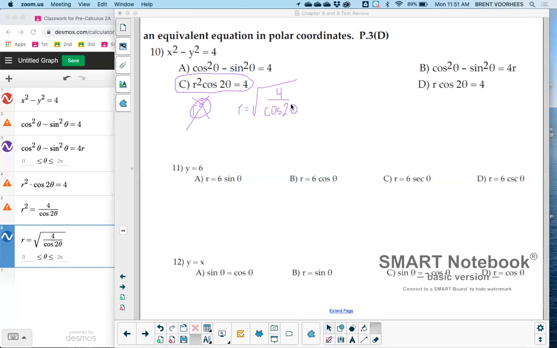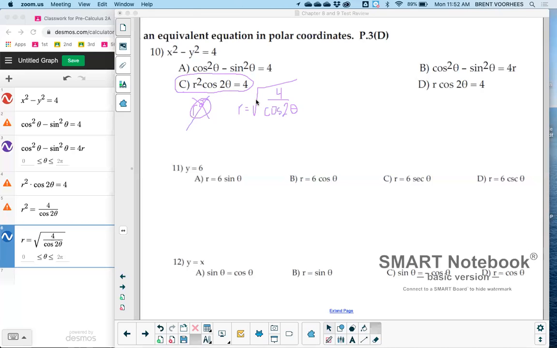I had to use algebra to solve to get r to be 1 power. Since it was multiplying here, I divided by the cosine 2 theta, and then I took the square root. And so that was my solution there.